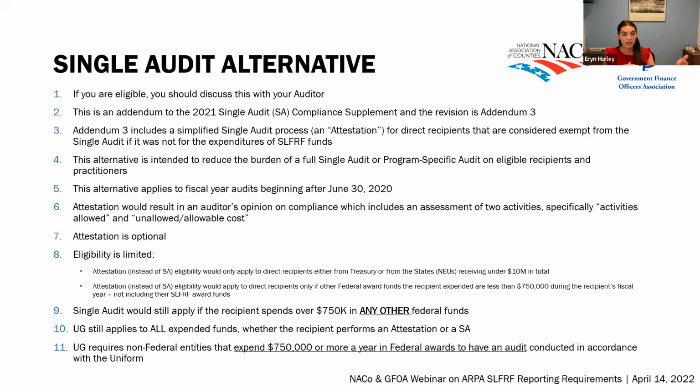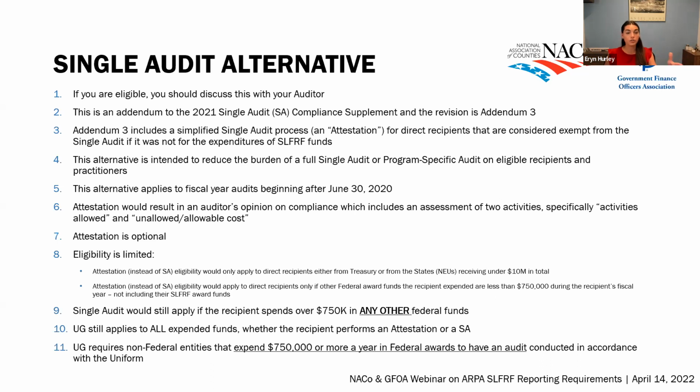The attestation eligibility would also apply to direct recipients only if other federal awards the recipient expended are less than $750,000 during the recipient's fiscal year, not including the recovery funds authorized under the American Rescue Plan. So what does that mean? That you could spend up to $749,000 in other federal spending. Emily has used the example of Head Start. As long as you don't pass that threshold, then you can use this alternative. So again, very, very significant.